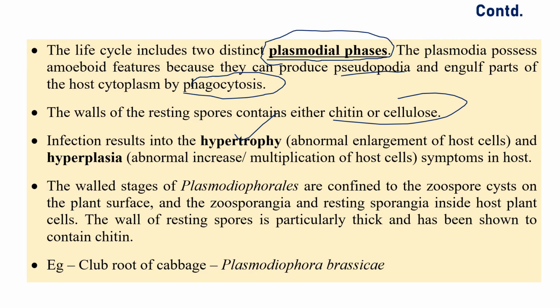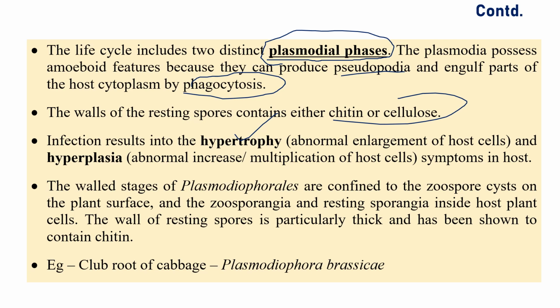That is the main reason for the production of symptoms. Why do hypertrophy and hyperplasia happen? Due to the excessive production of growth hormones. The cells bulge, with overgrowth or over-enlargement of cell size, due to the production of growth hormones.